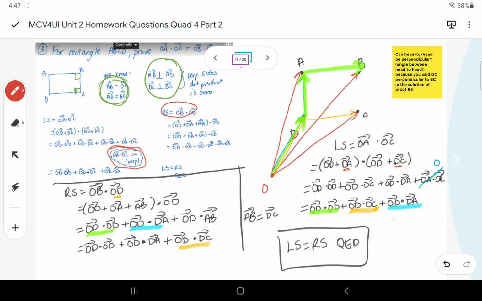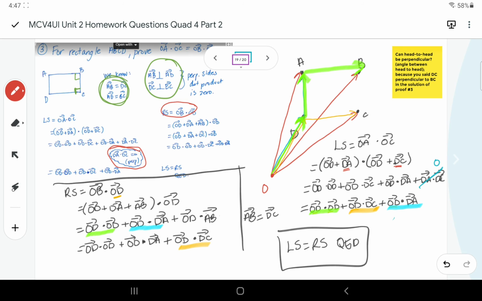Then the way you did it on the left side, why couldn't you have done it that way on the right side? I kind of did the same on the right side, but because I picked to go to the point that was D, from O to D, this one was already in terms of OD.